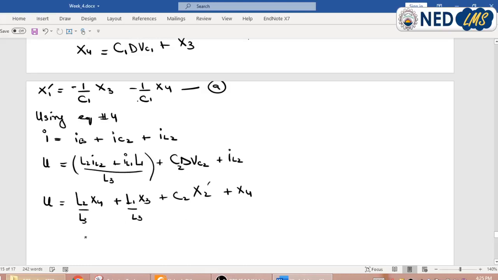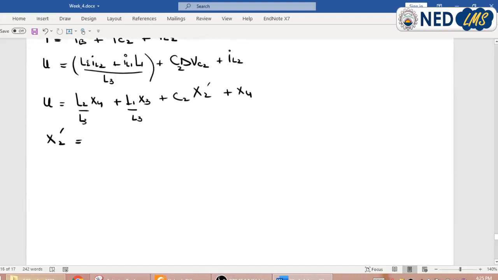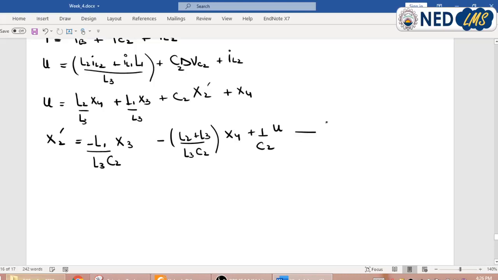So rearranging this equation to evaluate X2 dash, my X2 dash will be equal to minus L1 over L3 C2 times X3, minus L2 plus L3 over L3 C2 times X4, plus 1 over C2 U. This is my equation B.